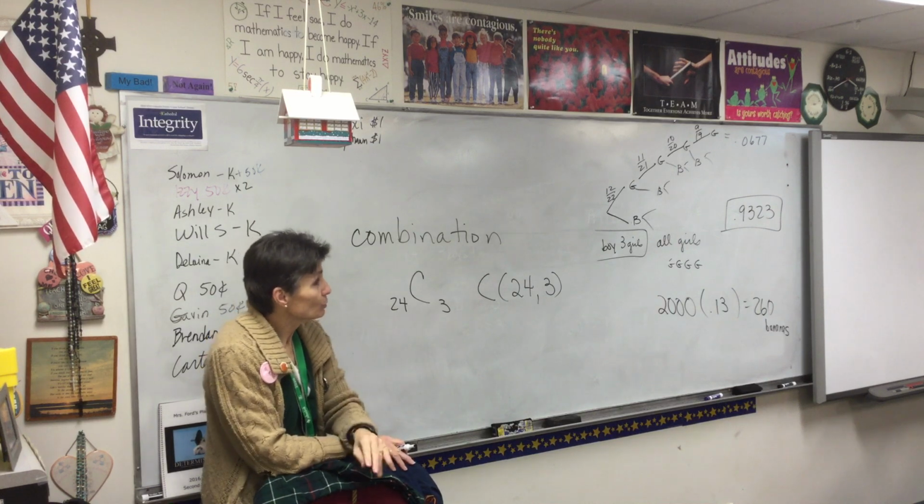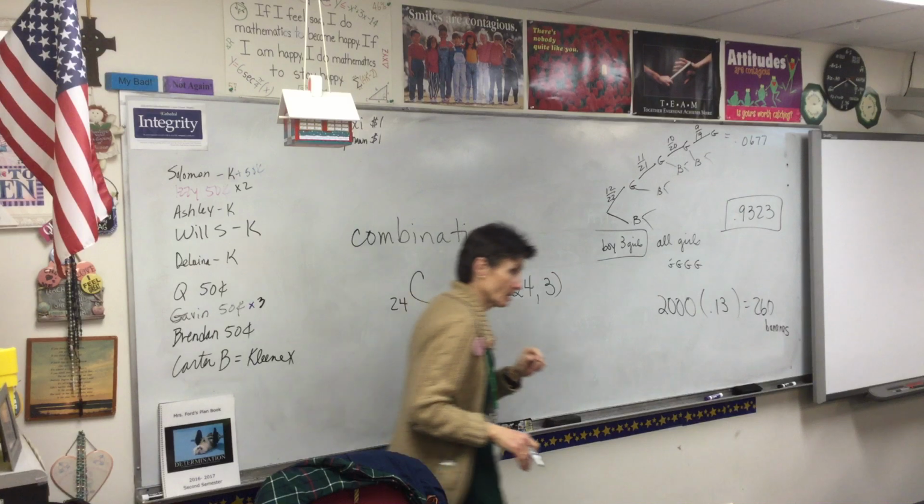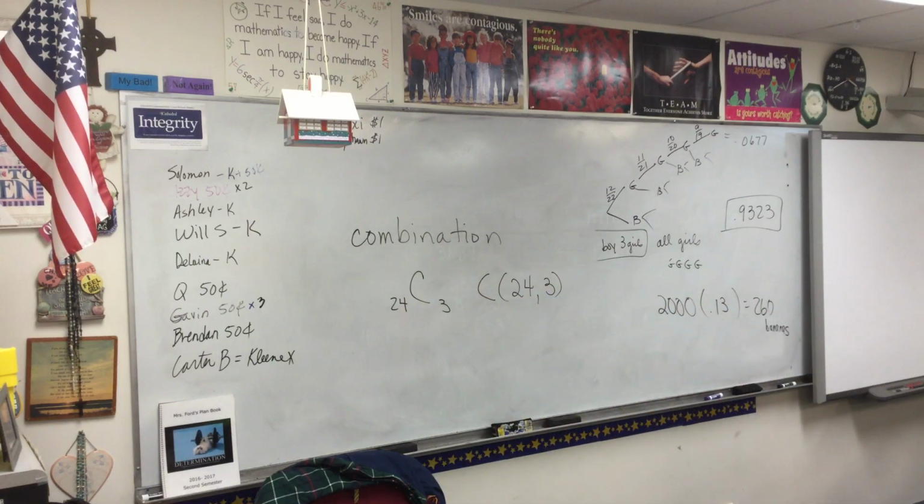Your calculator will do this for you, so get out your calculator. The first thing you want to do is press 24. Now, remember your math button that we've been using in the first column? Press that and click across the top to prob.